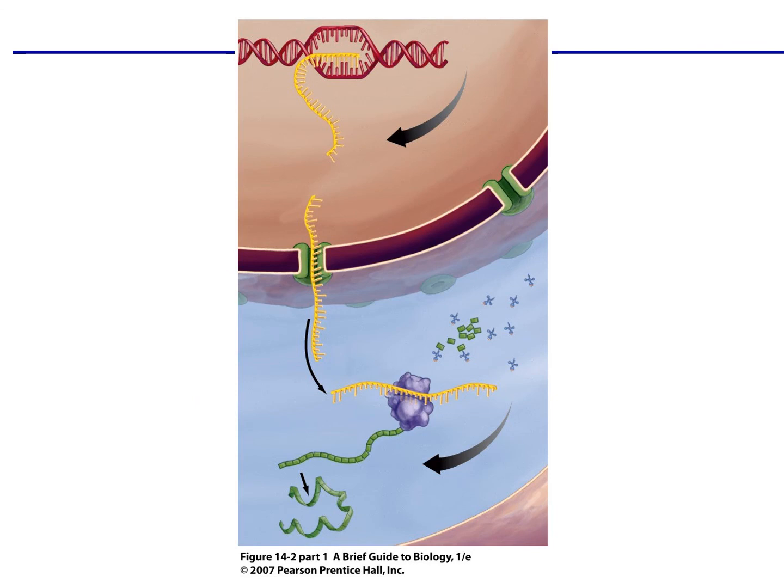This is a cartoony figure that gives us a brief glimpse into how DNA works. So what we're seeing in this figure is at the top is the nucleus of the cell, and the DNA is that red molecule.